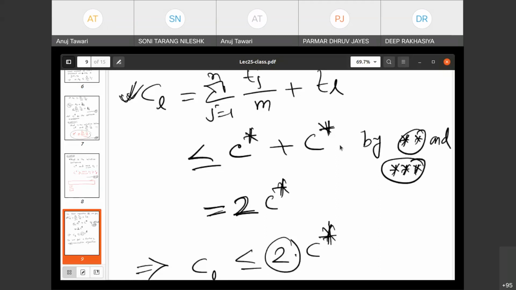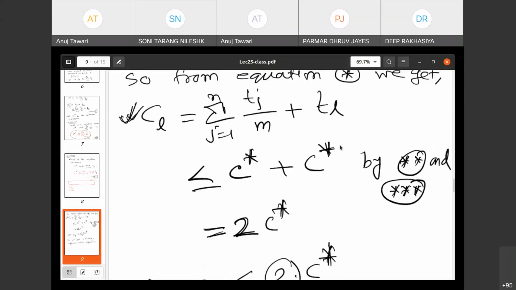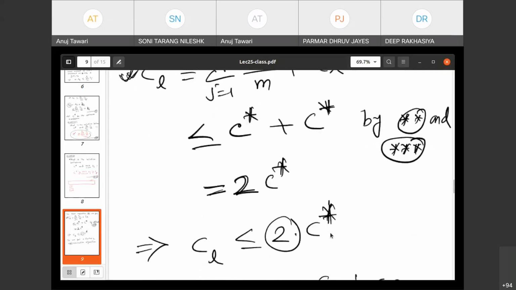If you are suggesting that some of your algorithms are better than this particular algorithm, the way to show it is that this factor should be less than 2, right? Only then it is a better approximation algorithm.